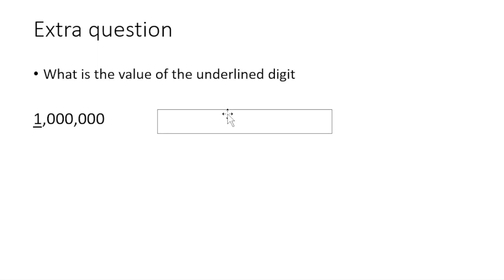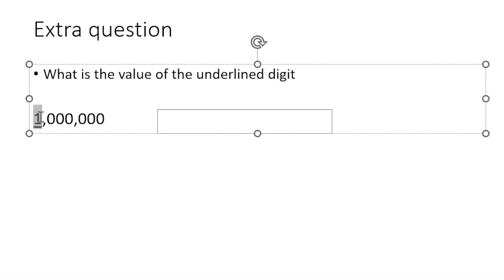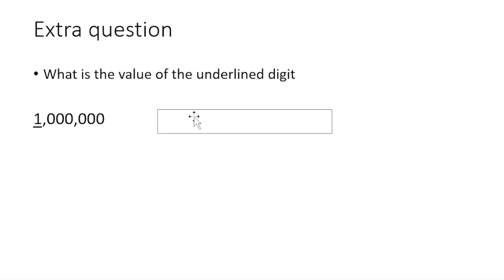What is the value of the underlined digit? So hopefully you guys know that this is a million. It's just 1 million, and clearly underlined is the first digit here, which is our 1. So as I said, the digit is just 1 million. So the value of that 1 in this question is 1 million.